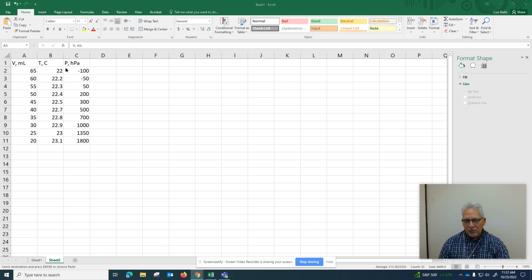I followed the indication from the report, writing in column A the volume in milliliter, in column B the temperature in Celsius, and in column C the gauge pressure. Every line is 50 hectopascal, so I start counting at negative 100 and keep going up. That's the first thing you need to do: just type in your data.